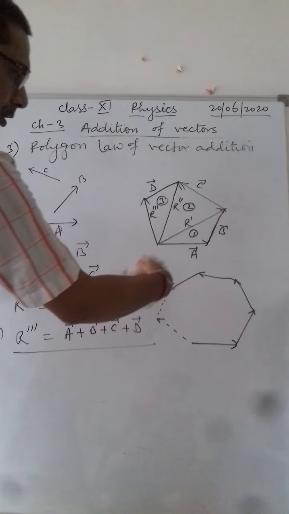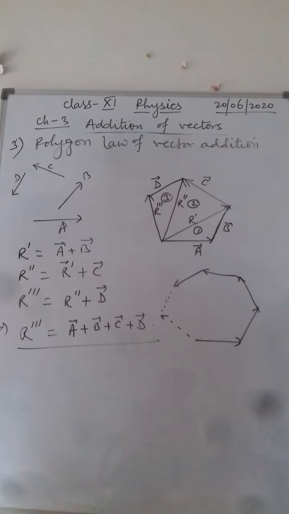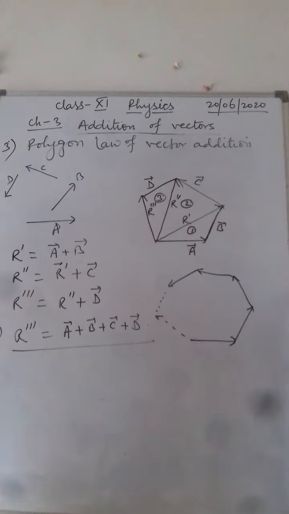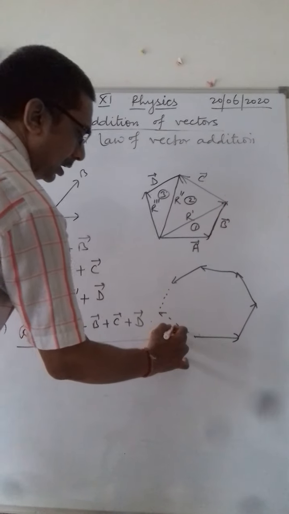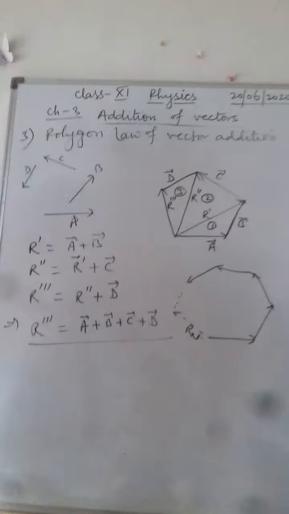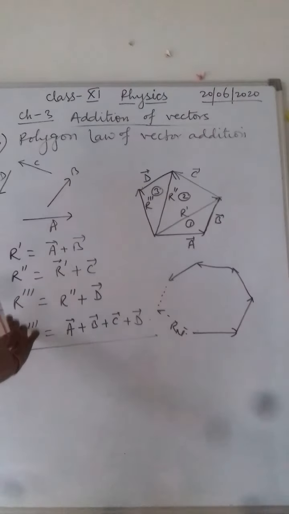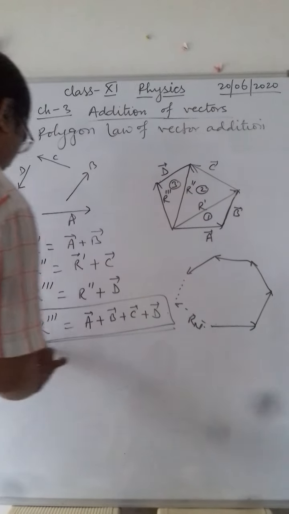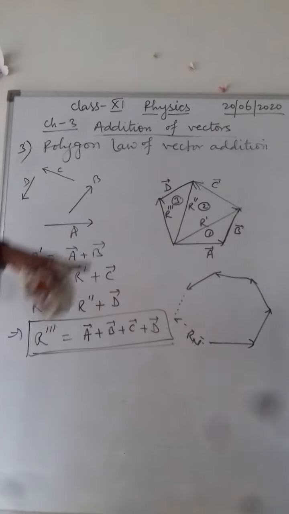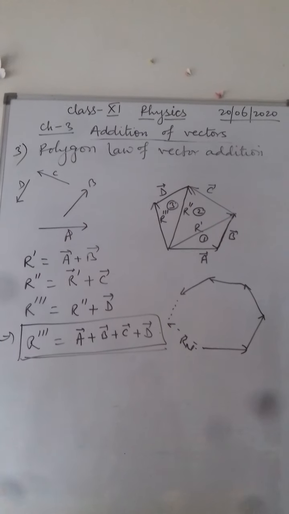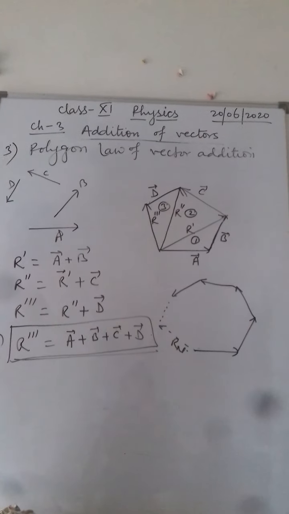This is the polygon law of vector addition for n given vectors. At last, this is Rn. Okay, so this value we can write as the polygon law of vector addition. Okay, thank you.